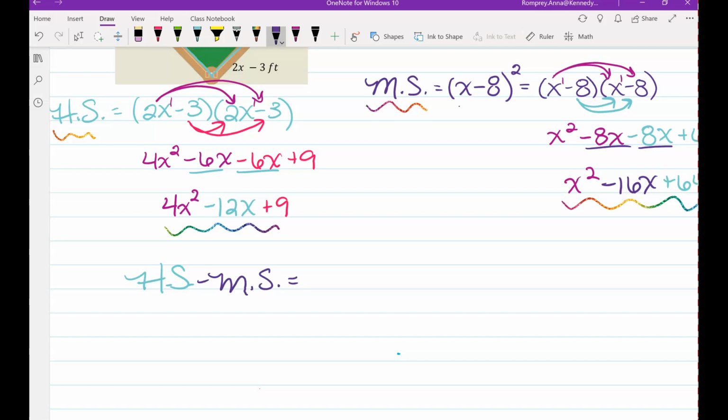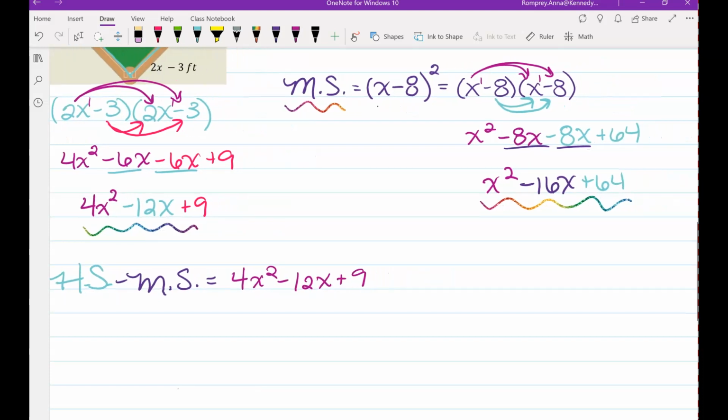So our high school would be 4x squared minus 12x plus 9. And if we're subtracting middle school, remember, you are subtracting the whole middle school function. So remember, you must put it in parentheses or else you'll only subtract the first term.